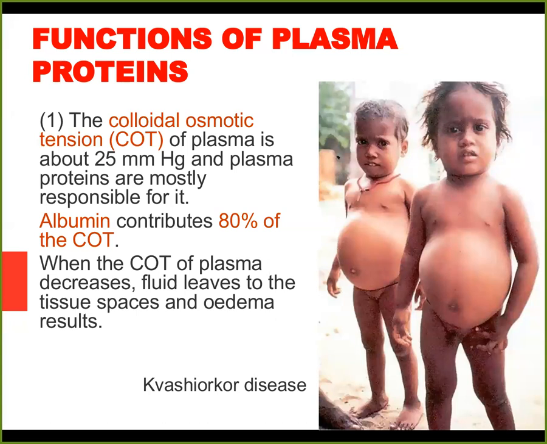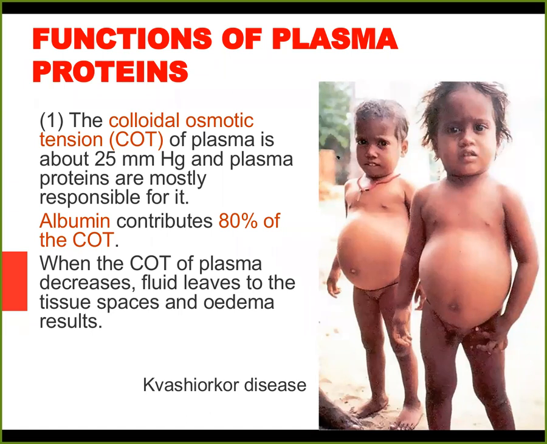Vice versa, decreasing the level of albumins, usually named Kwashiorkor disease, if the level of albumins in plasma is dramatically decreased, leads to a decrease in osmotic pressure in blood, water from blood easily moves out into tissues, and it leads to edema.